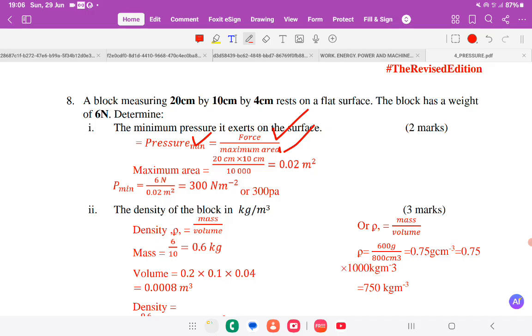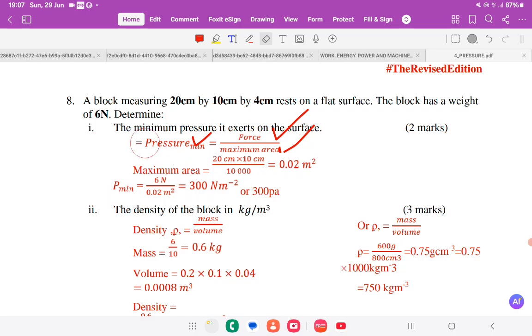Multiply 20 by 10 centimeters, then divide by 10,000. Why are we dividing by 10,000? We are dividing by 10,000 to change the area in square centimeters to area in square meters.